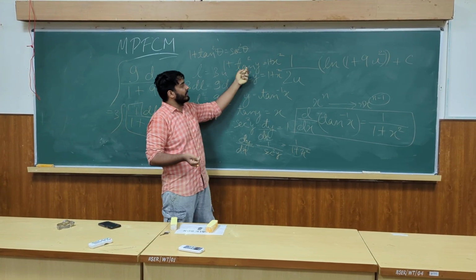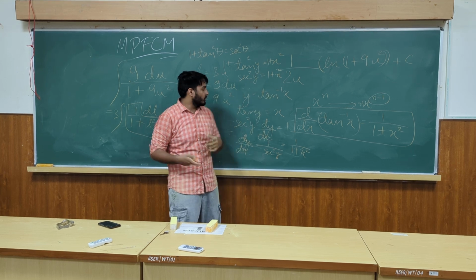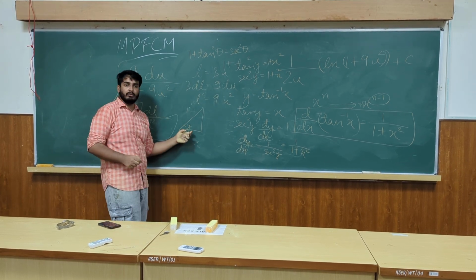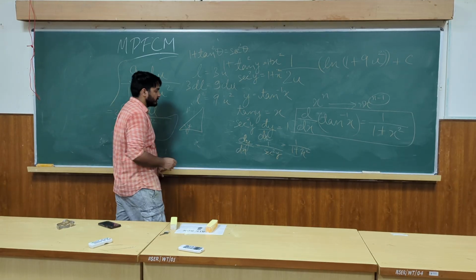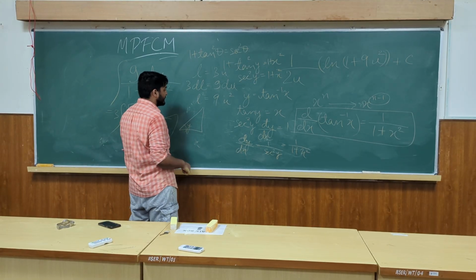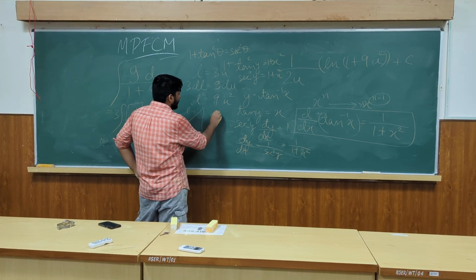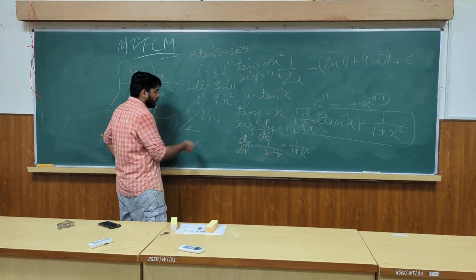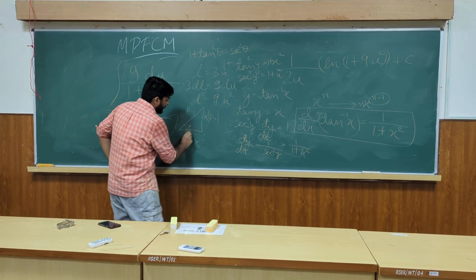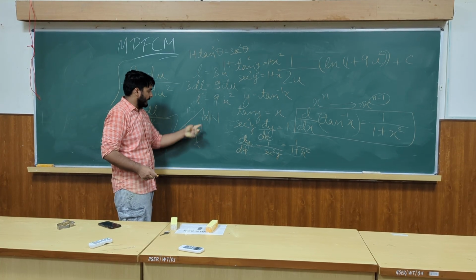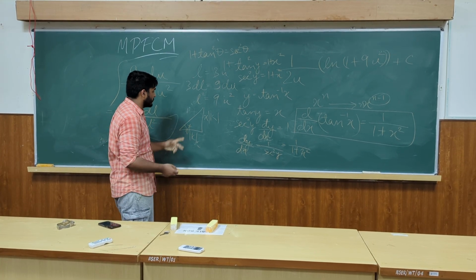The people who have trouble remembering all these identities, you could always make up a triangle. If this is y and tan y is equal to x, let us consider this length to be mod k and this to be mod k x, rather, so I always get tan y equals x.